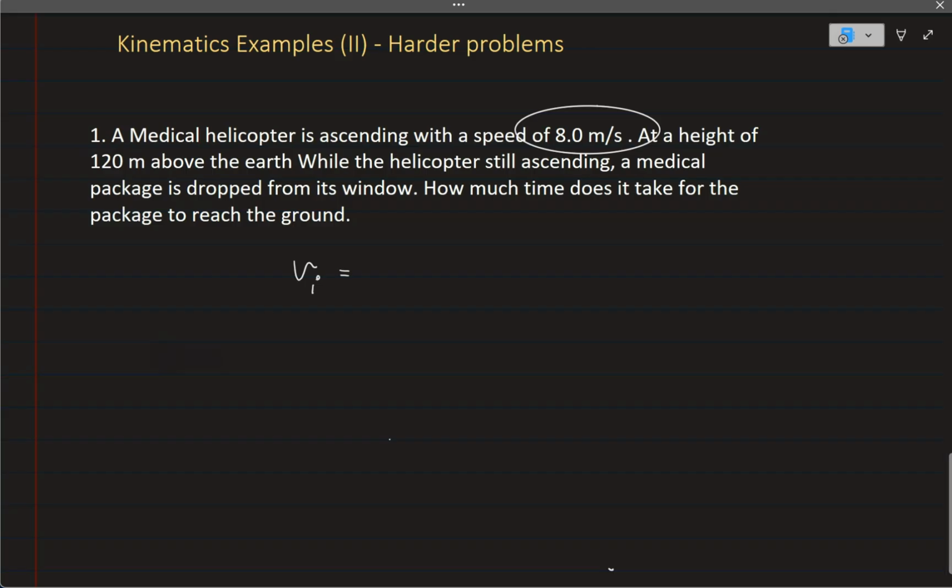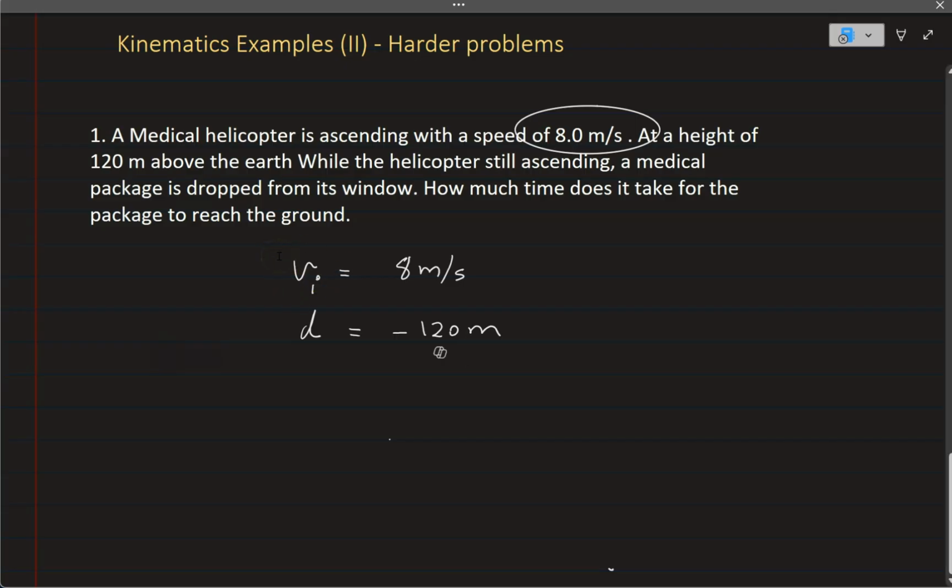Well, the initial velocity of that package, the package inside the helicopter, is moving upward. So that is 8 meters per second. Now, the distance or displacement, D, is 120 meters above. When it says above, you have to be aware that it's actually negative 120 meters from where it's supposed to be.